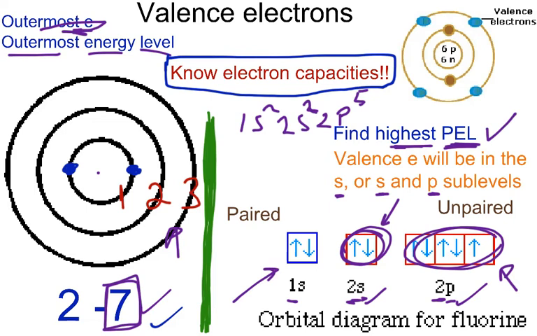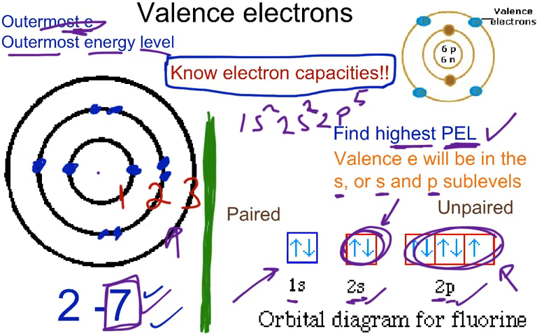Now the second energy level, following the 2n squared rule, would go up to 8. So we just have 7 here for fluorine, so we just put them in. We can start here, put 2 right there, 3, 4, 5, and 6 and 7. Okay, and that's it, you're done.